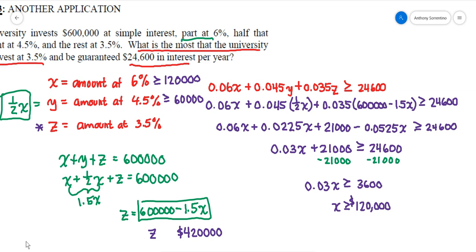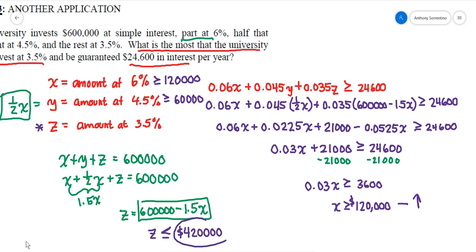And again, if x can keep going higher and higher, this has to keep going down. So that's the most I can invest, $420,000 at that amount, in order for this to clear 24,600. If I have more than $420,000 in at the 3.5% interest, I'm not going to get $24,600.